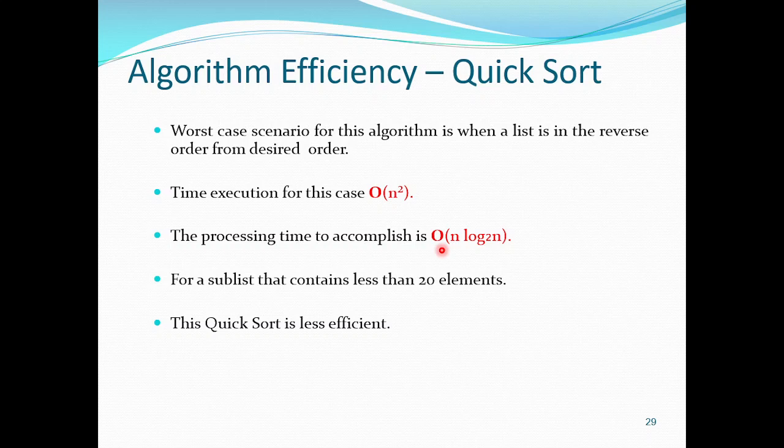Of course, a sublist that contains fewer than 20 elements will be beneficial, but in this case quick sort is less efficient because it needs to apply the same quick sort on the left side and the right side of the array. Okay, that's it.